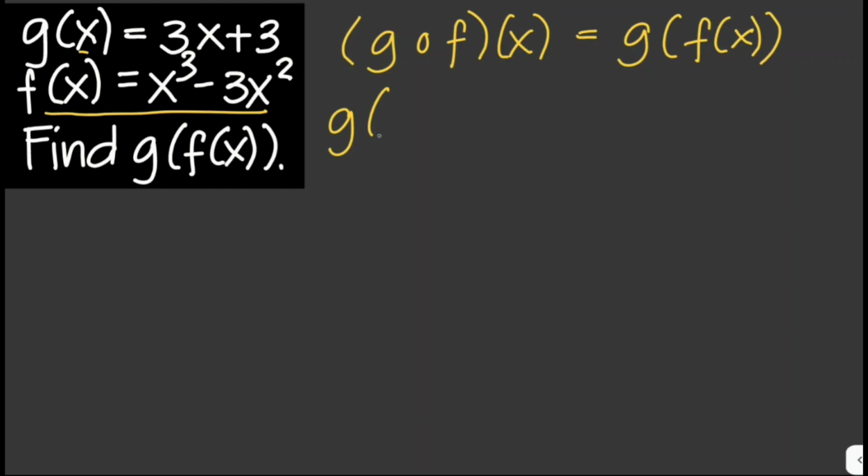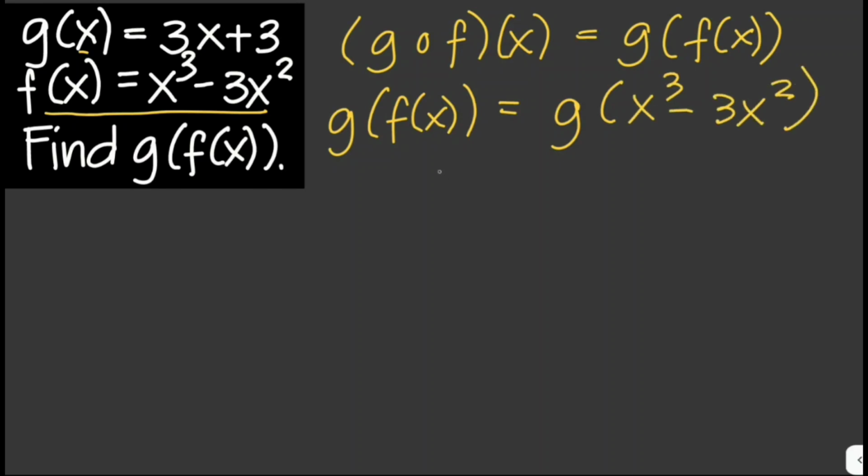So g of f of x is just g of x cubed minus 3x squared. So that would be 3 times x cubed minus 3x squared plus 3.